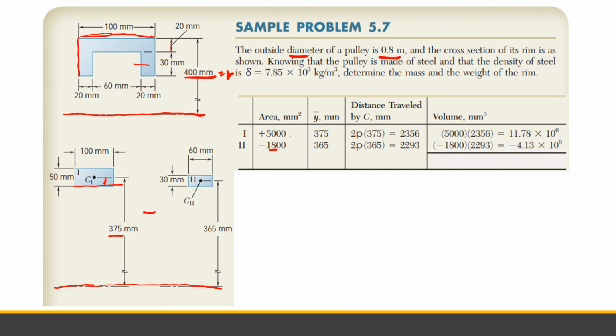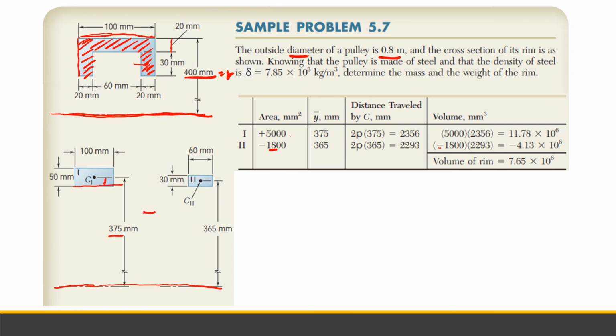The volume is negative, of course, since we consider it negative. So negative 1,800 times 2293, that is negative 4.13 times 10 to the power of 6 cubic mm. So the total volume of the rim, if you were to rotate this area along this axis, is 7.65 times 10 to the power of 6.